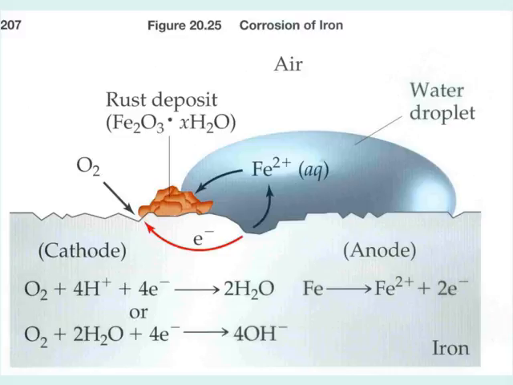Now let's talk about corrosion and how electrochemistry can explain it. It is our common observation, if you have an iron rod sitting outside exposed to air and rain, after some time you'd find there'd be some kind of rust deposit on one side, and you'd have holes on the other side, like here you're seeing these.